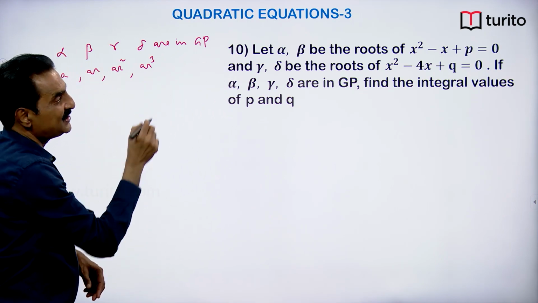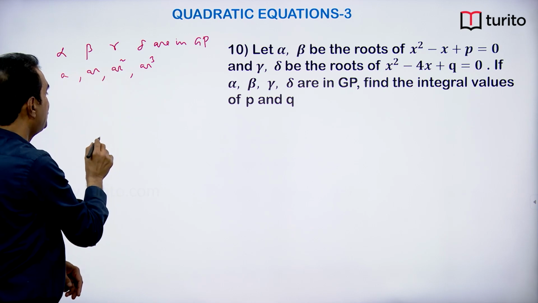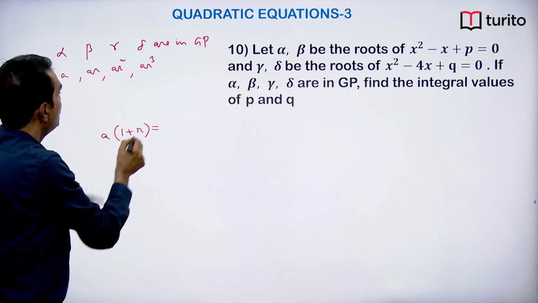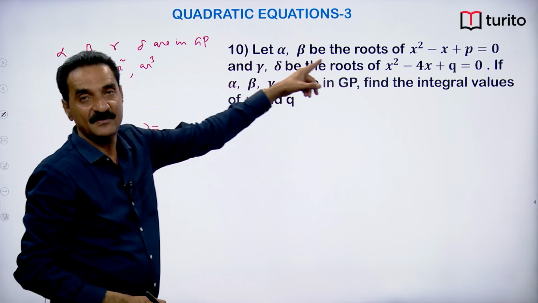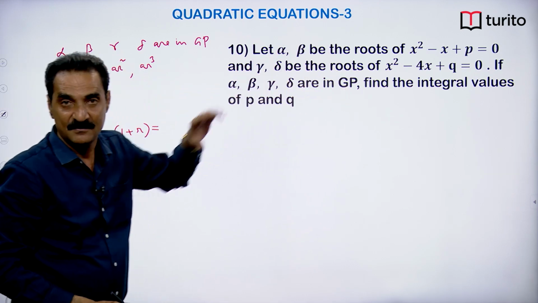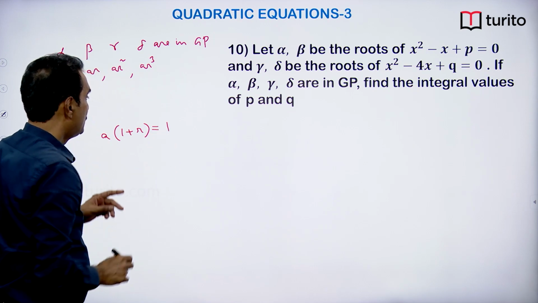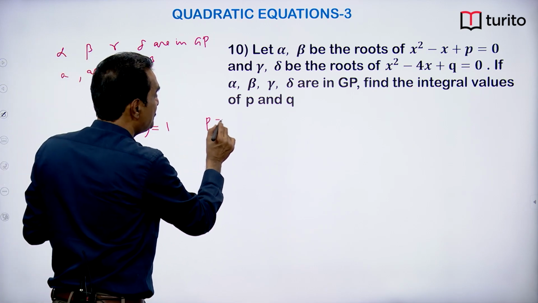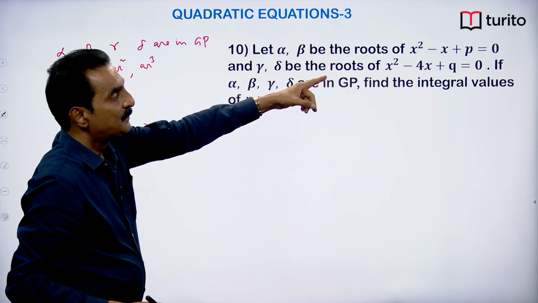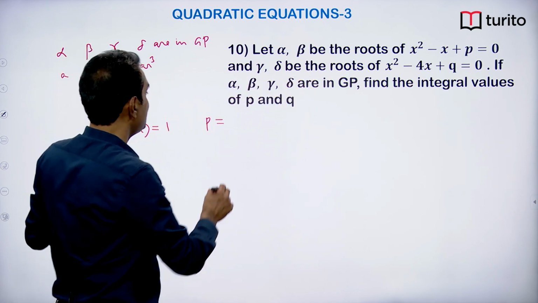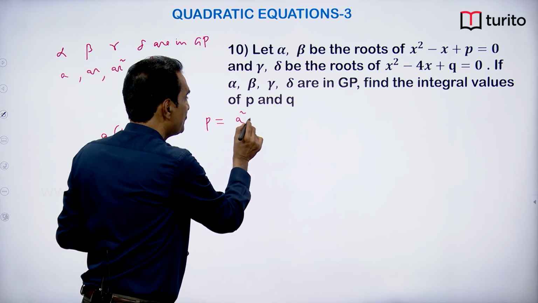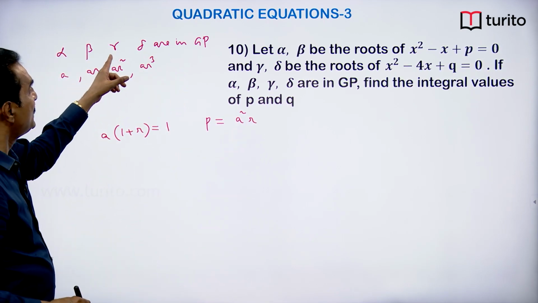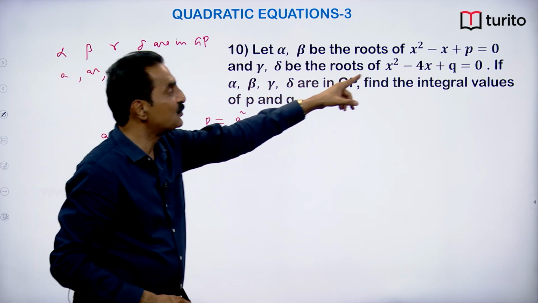Sum of the roots of the first equation is alpha plus beta, that is A into 1 plus R. Sum of the roots of the first equation will be how much? 1. And product of the roots is P is equal to alpha into beta, that means A square R. Next, similarly for the second equation, gamma plus delta, sum of the roots is 4.